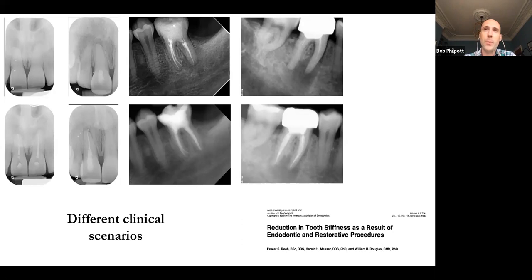So when they looked at, for example, an MOD restoration, a direct restoration, they found that stiffness was reduced by 62%. And that the reduction in stiffness due to the endodontic procedure is actually relatively limited.